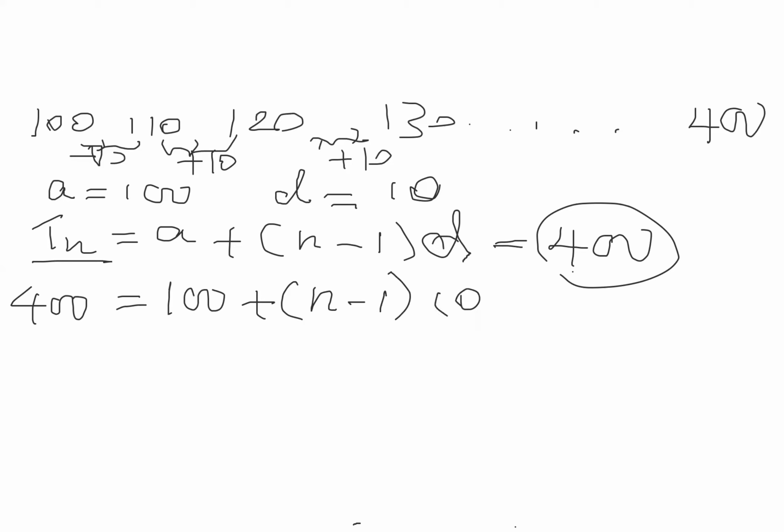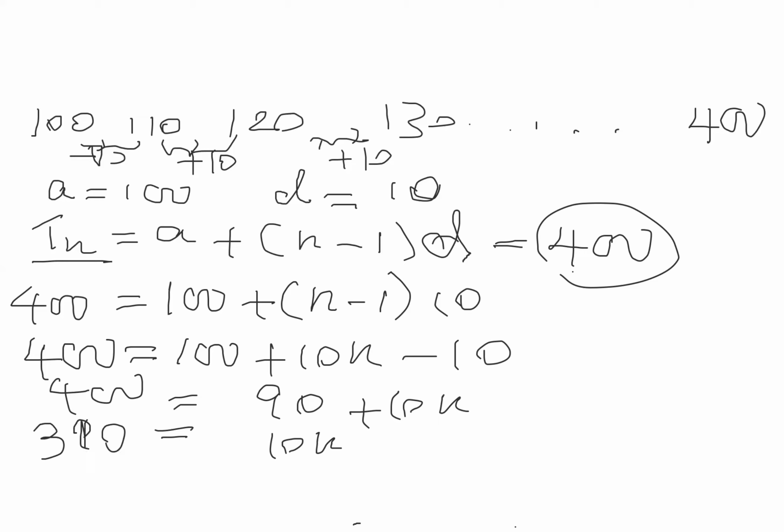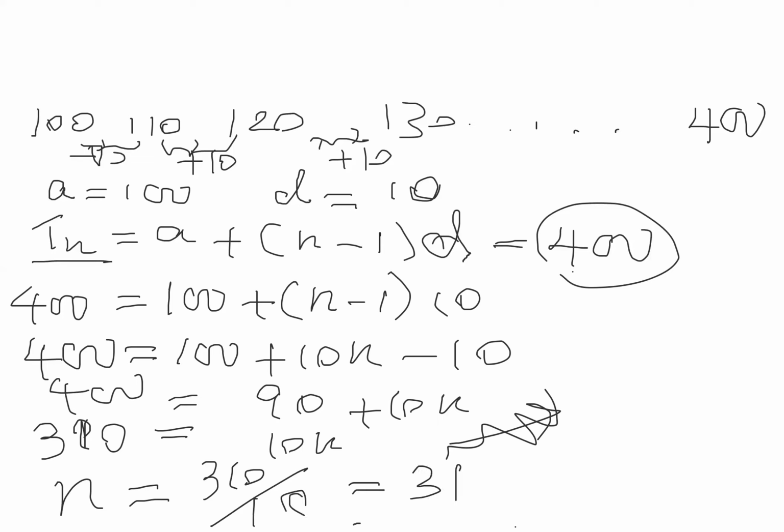Now it's a very simple simplification: 100 plus 10n minus 10 equals 400. Combining the constant terms, 90 plus 10n equals 400, then 10n equals 310, because when we move the 90 to the other side it becomes minus. So n equals 310 divided by 10, that means n is equal to 31. It's very clear.